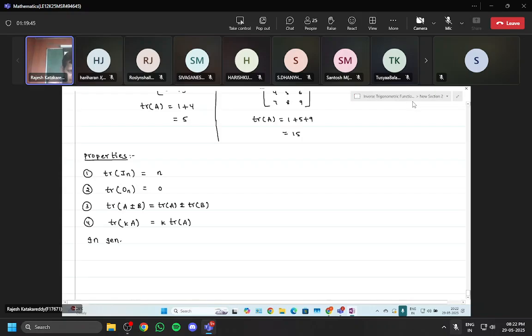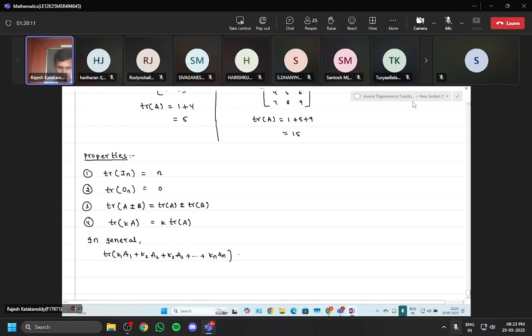Now, in general, if I write a linear combination, we will be having, let's say, trace of K1 A1 plus K2 A2 plus K3 A3 and so on going till Kn An. Linear combination of n matrices and n scalars.